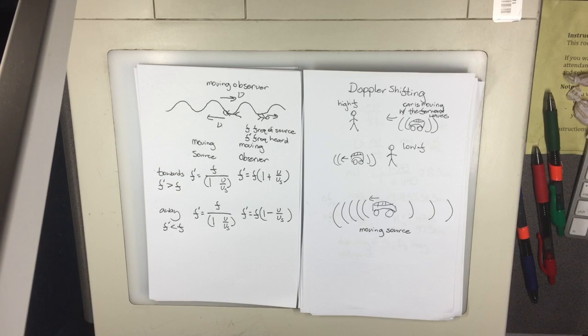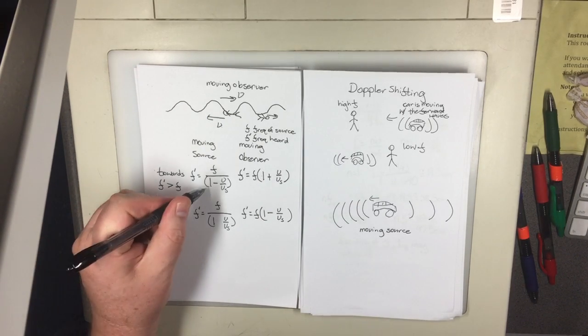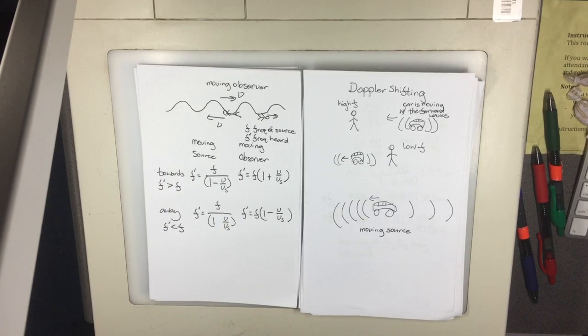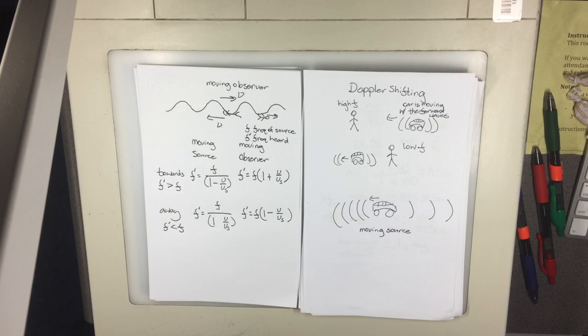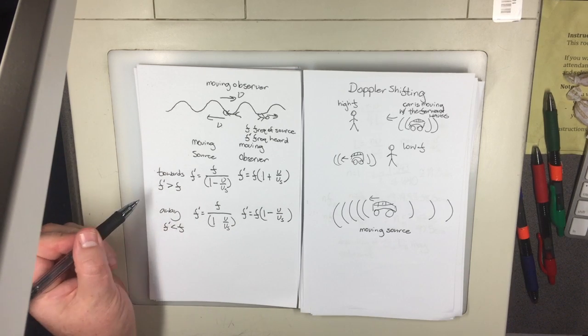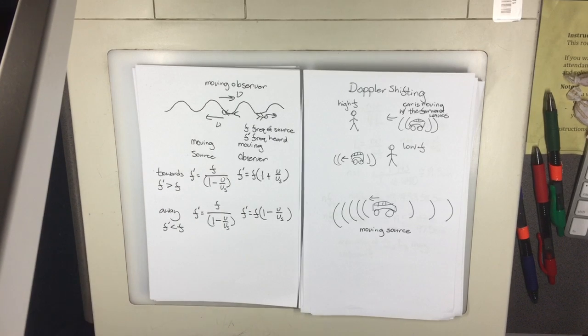Now, moving source towards and away, once again, the moving source towards is going to produce a higher number. Should the denominator use a plus or a minus symbol? Should use minus. Because if that's minus, this number in the denominator is going to be a number less than 1. A number less than 1 in the denominator is going to produce an overall number that's bigger, thus ensuring F prime is greater than F, which means that that must be negative.